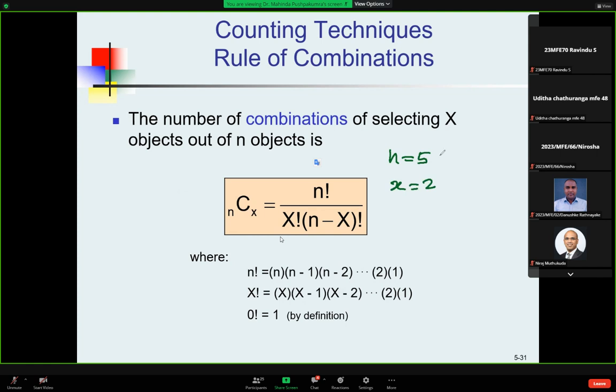You toss a coin 5 times and you want to see 2 heads. How many ways do you have of getting 2 heads? Using this formula, you can get the answer. Please send your answer into the chat box quickly.